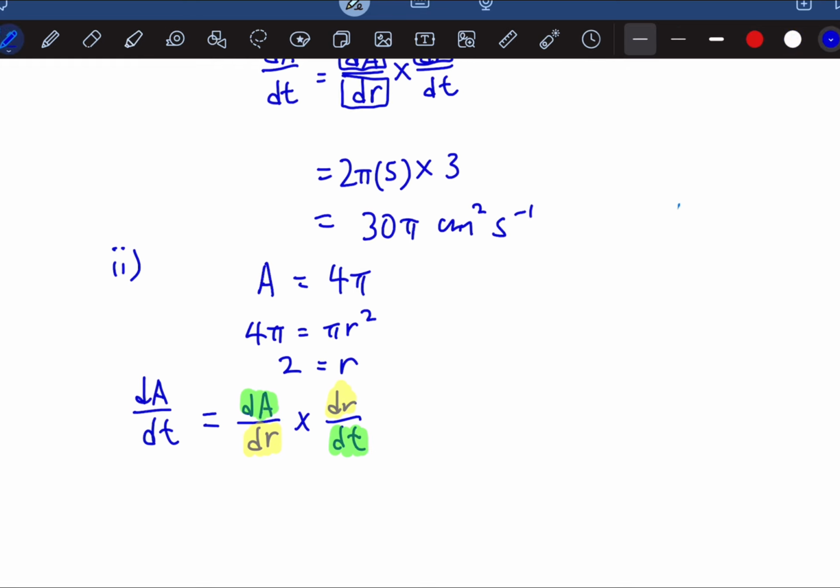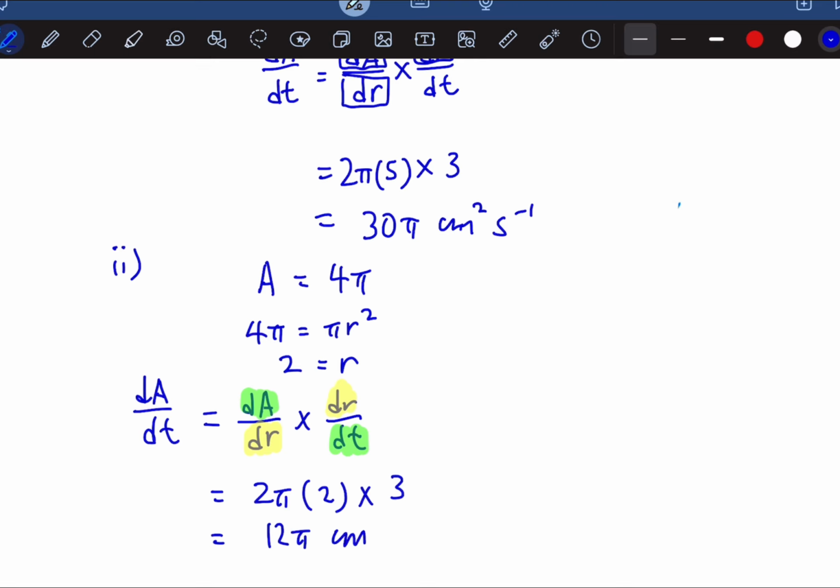So with this, we will have 2 pi, radius is 2, times dr over dt, which is 3. So this equals 12 pi centimeter square per second. Okay, thank you.